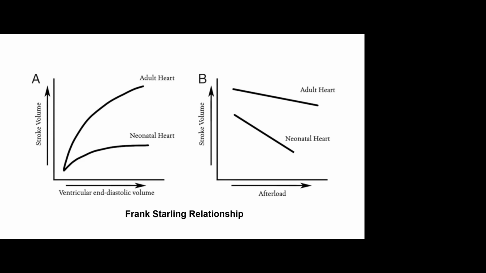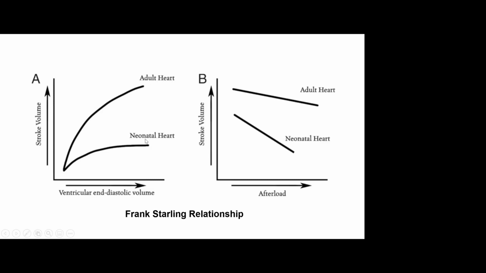And when they contract, they contract with more pressure. That increased contractility due to the stretch of the myofilament is how the Frank-Starling relationship works. But we see here, with the increasing end-diastolic volume, the stroke volume increases in an adult heart.